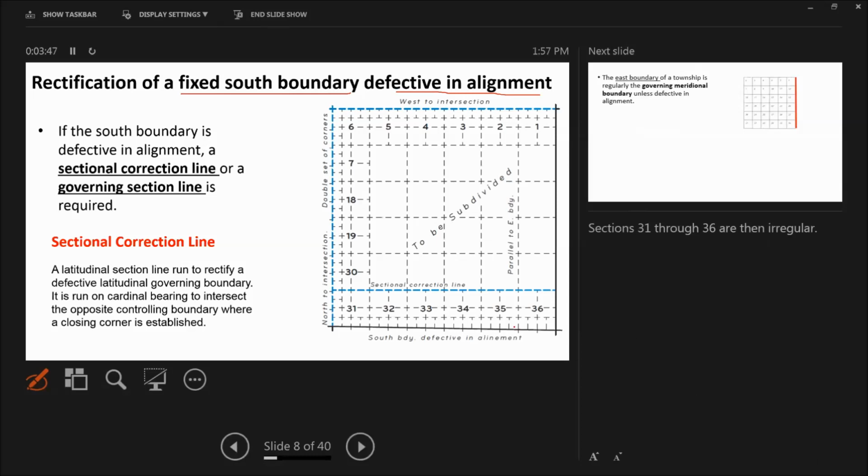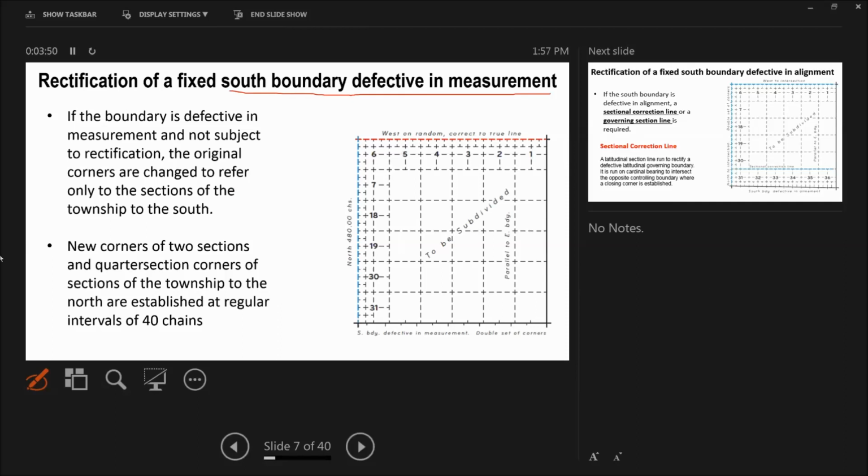So if this south boundary is defective in measurement and it's not subject to rectification, the original corners are changed to reference only those on the township to the south. That's what I described a little earlier, but I'm giving you the language of the manual with the sketch that the manual is using.